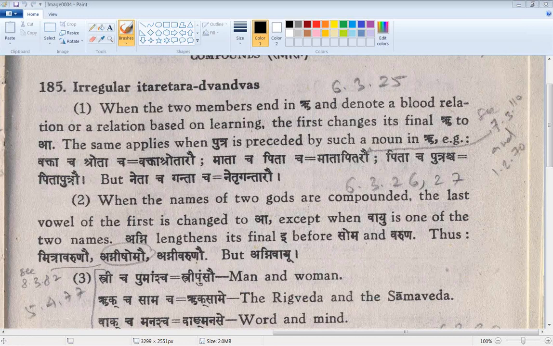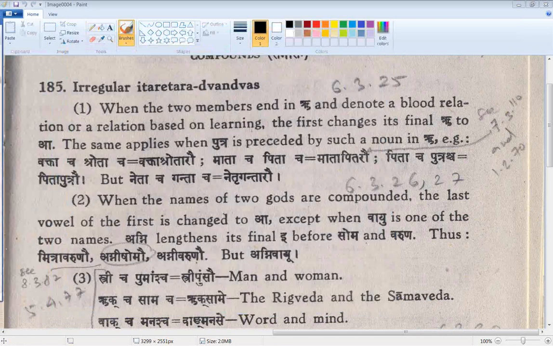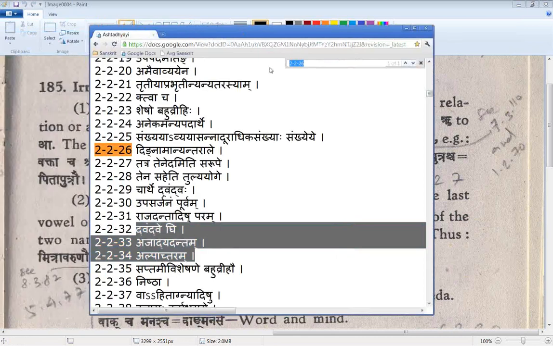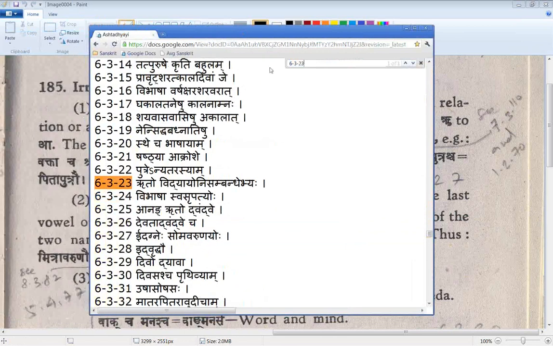Pita cha, okay, pita is fine, we have pitru, and then we have putrascha, that's not ending in a rukara. So what we do is we take the anuvritti down by mandukaplutí. Take the anuvritti down from 6.3.22, the putre. Anuvritti of putre also comes down here.